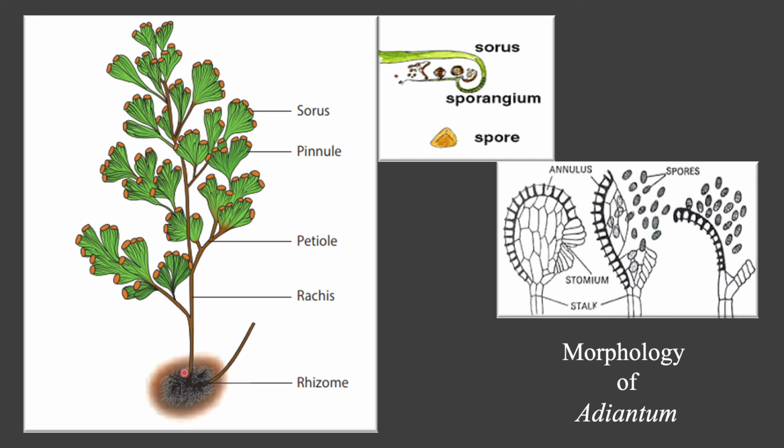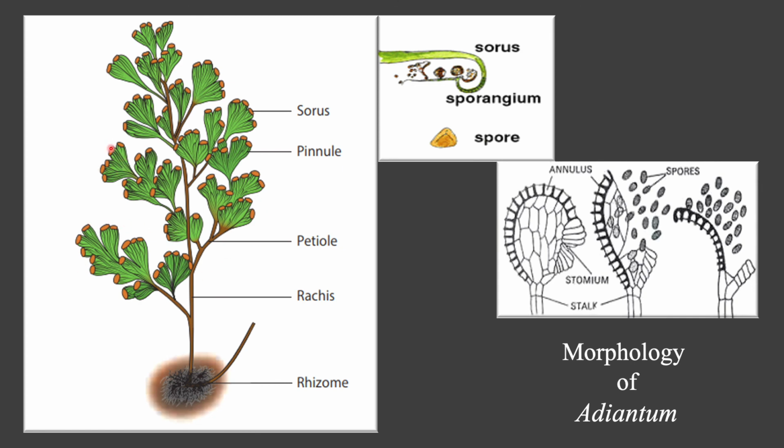The leaves or fronds are large and compound. They arise from the upper side of the rhizome. Each leaf consists of leaflets or pinnae. This is a whole pinna. The pinnae are further divided into pinnules.